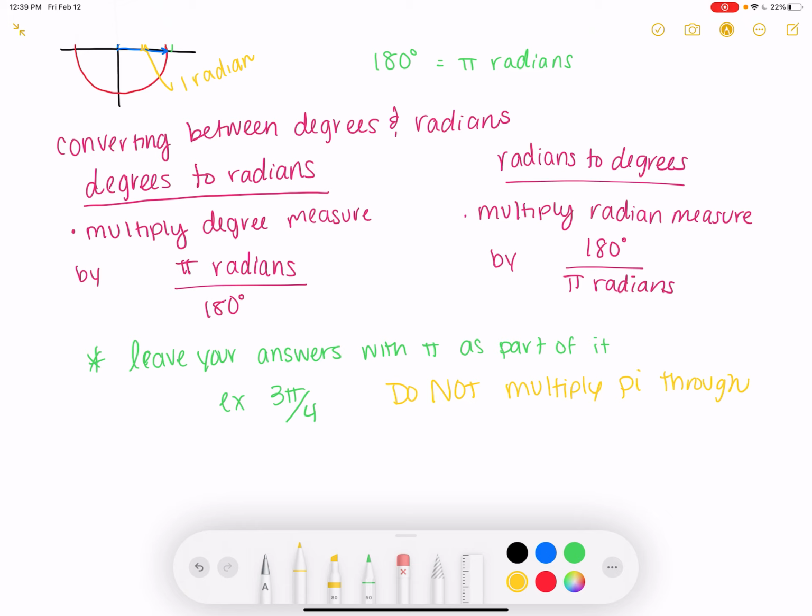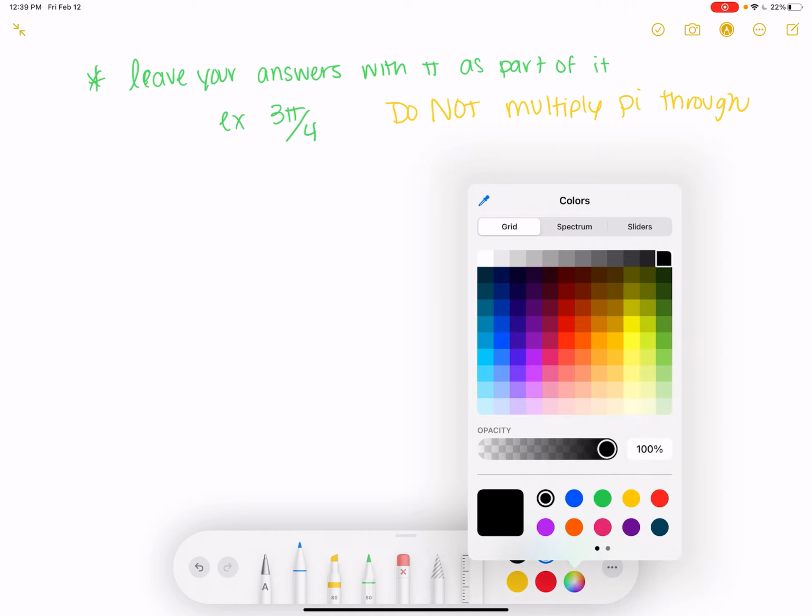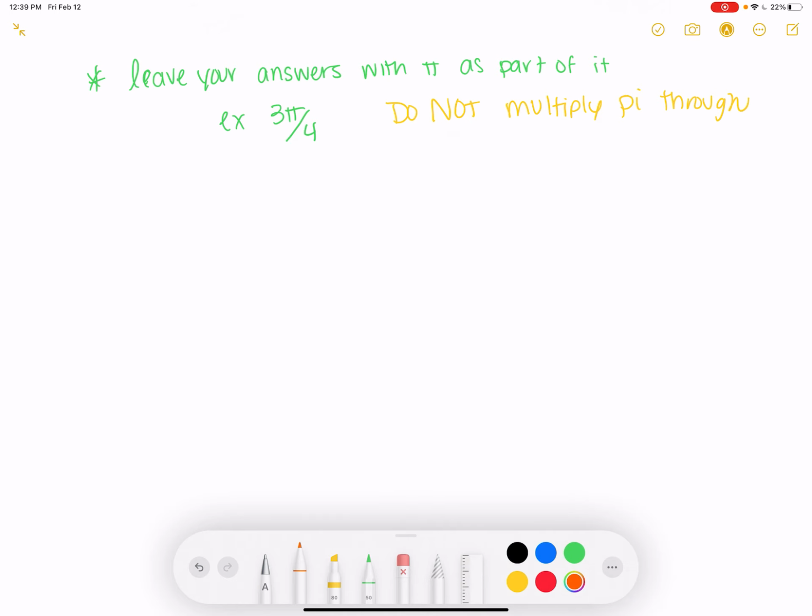But the last little bit of notes here is going to be about arc length and area of a sector. Wow, that looks awful. Start over.